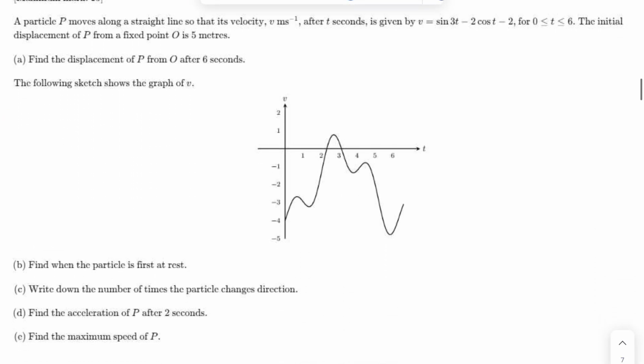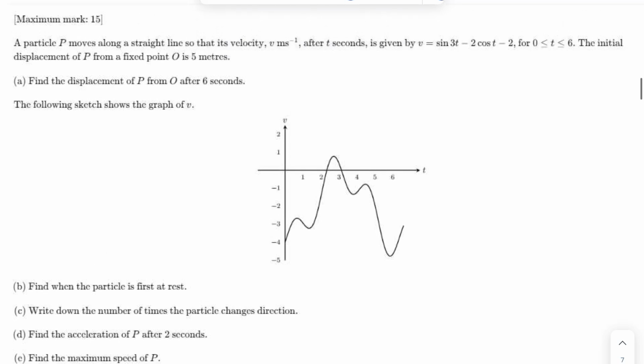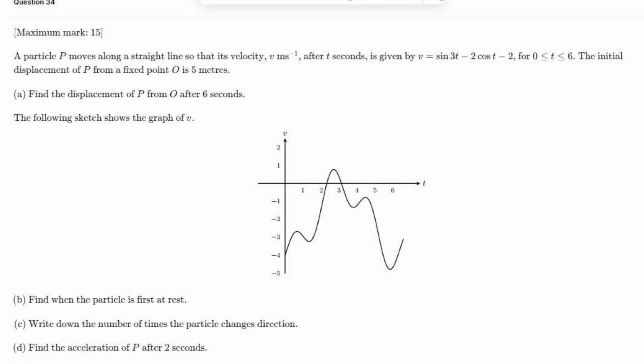Now coming to the next question, question number 34. He's telling us to find the displacement of P from O after 6 seconds. Moreover, he told us that the displacement of P from the fixed point O is already 5 meters.